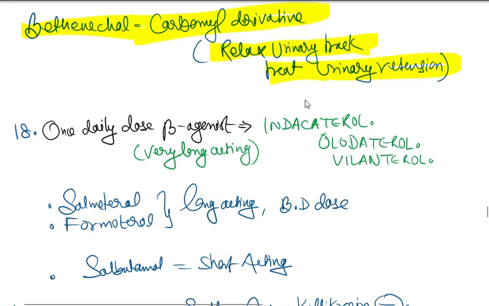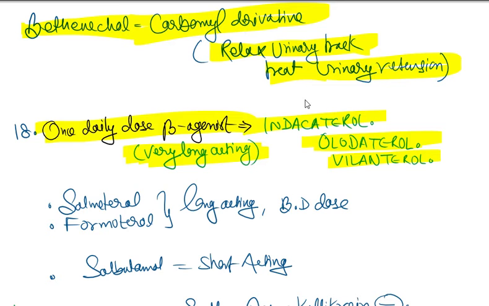Okay, next one, once daily dose beta agonists are indacaterol, olodaterol and vilanterol. It is very long acting.